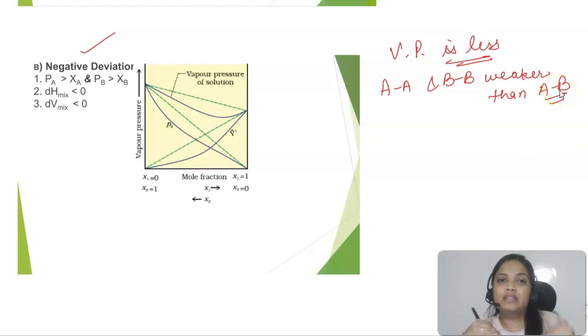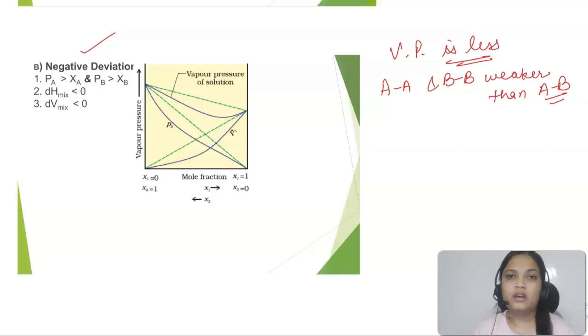Means, when you are mixing those two components, a resulting mixture is formed which has a stronger force of attraction than was there in the original components. Okay, the force of attraction will be greater there. So in this case, there will be a decrease in vapor pressure.